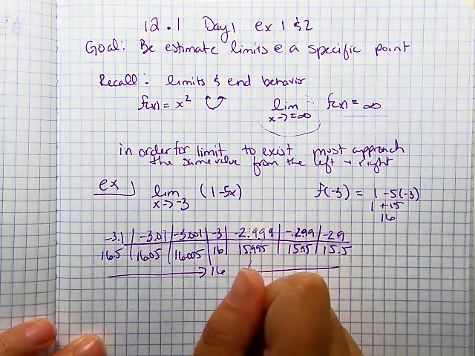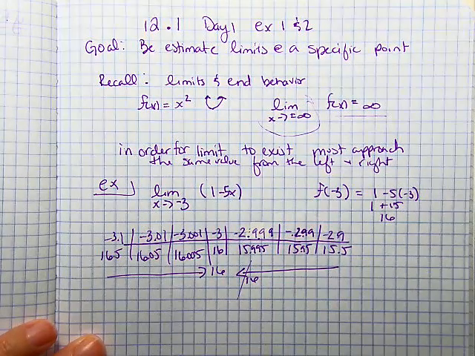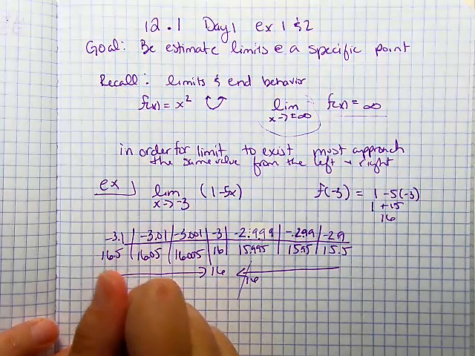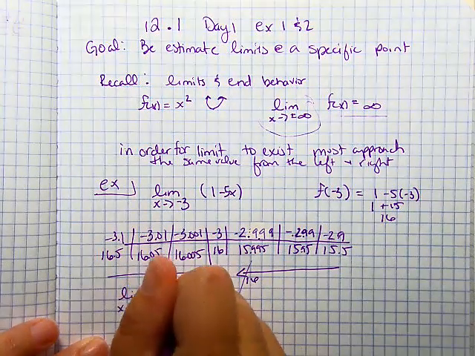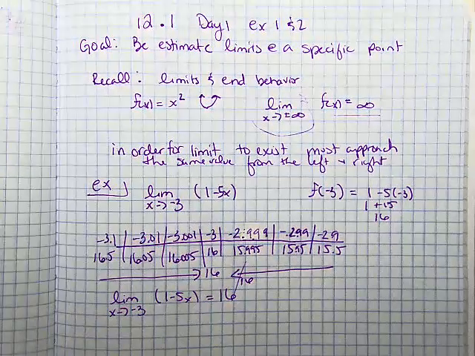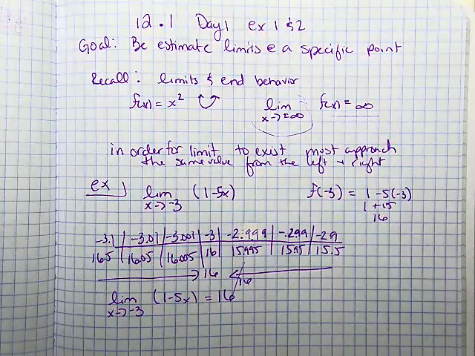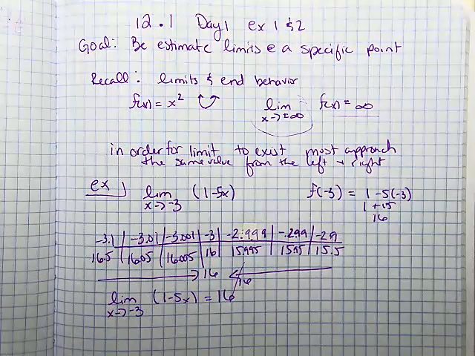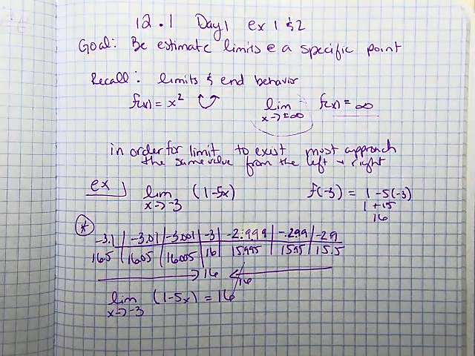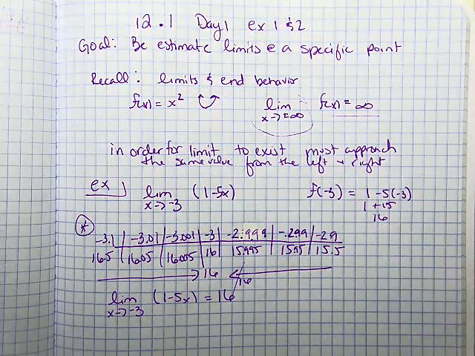It is approaching 16 from the right. So there is a limit. And we say the limit as x approaches negative 3 of 1 minus 5x equals 16. Your homework today is going to ask you to support your answer numerically. That means you will be creating a table. Eventually we won't be creating a table, but we will go from there.